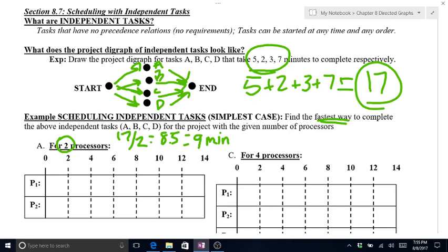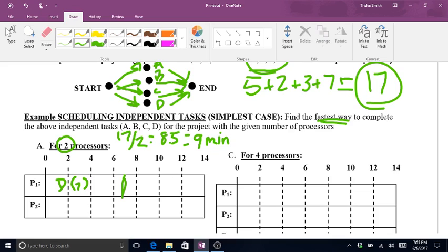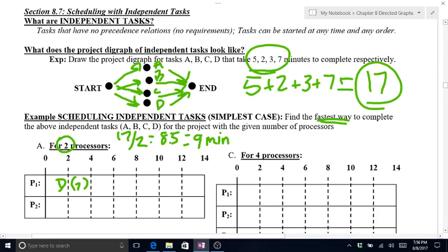Let's see. Task D takes 7 minutes. And task B takes 2 minutes. So let's put D, 7 minutes. So that takes me out to here. Sorry, that not straight line is going to bug me.